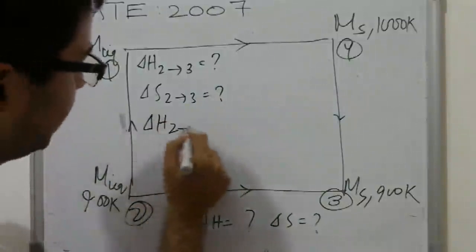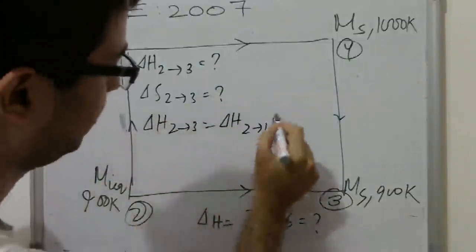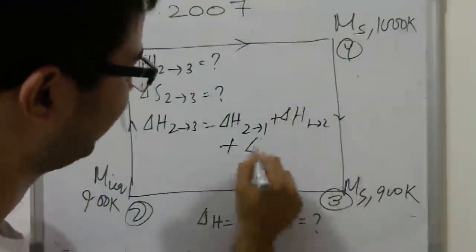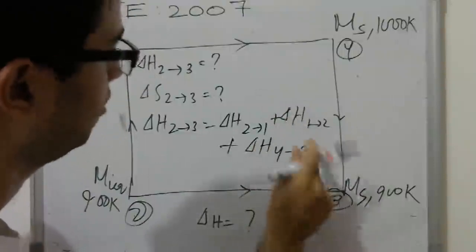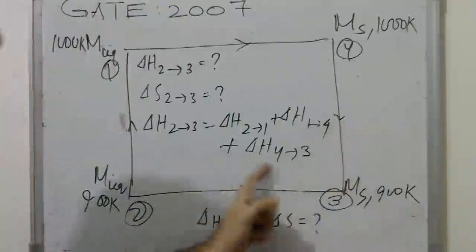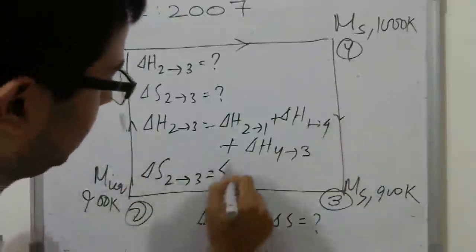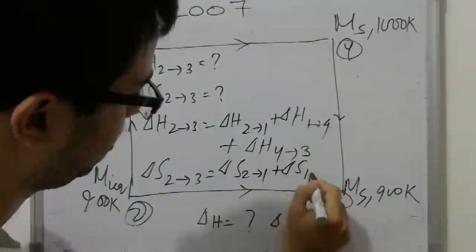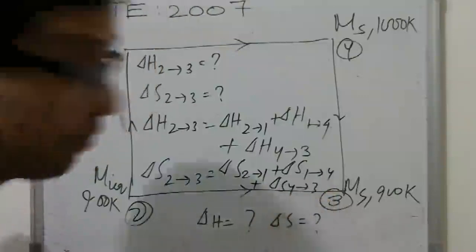Del H 2 to 3, as I have discussed, is nothing but del H 2 to 1, then we add del H from 1 to 4, then del H from 4 to 3. The same is for entropy. Del S 2 to 3 is del S 2 to 1, del S 1 to 4, and del S 4 to 3, right?